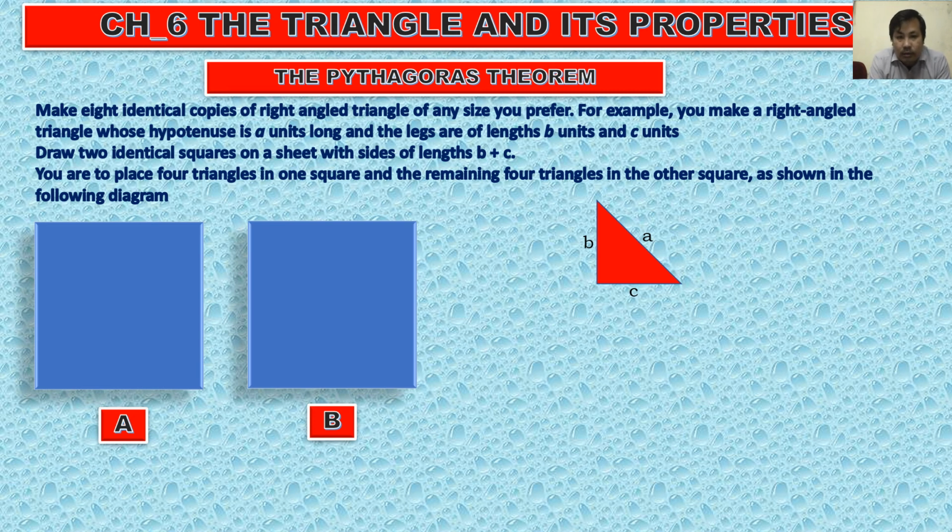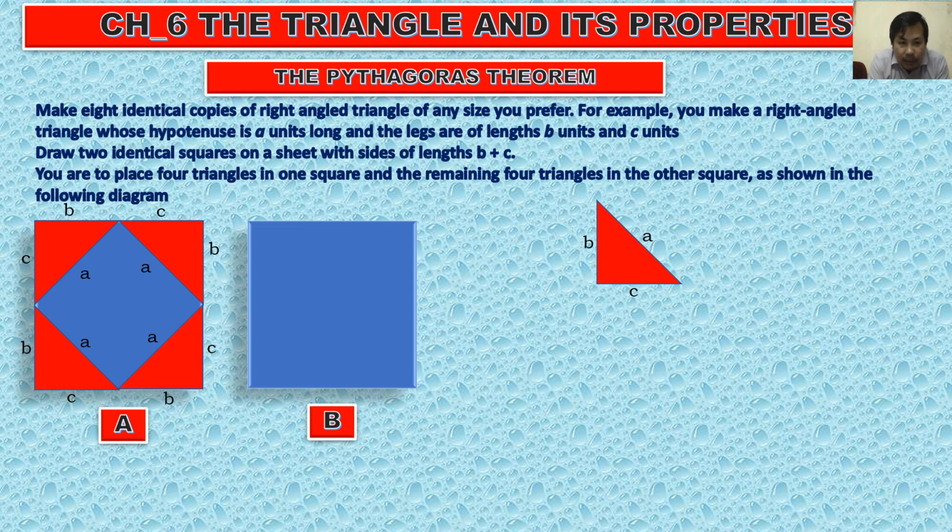So let us see how we can place them. Take one of them and place it like this. Four we have to keep in square A: another in such a way, a third one, and the fourth one in such a way.